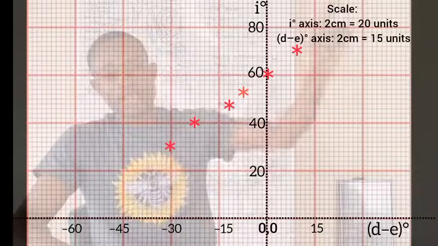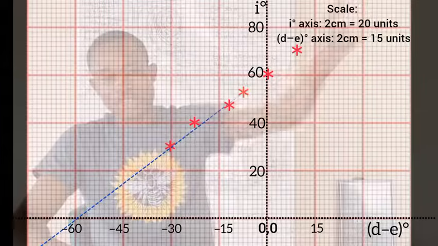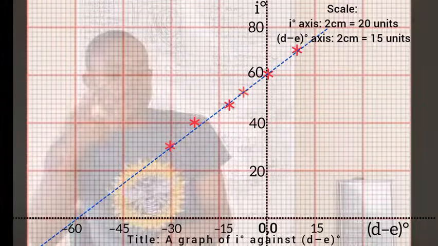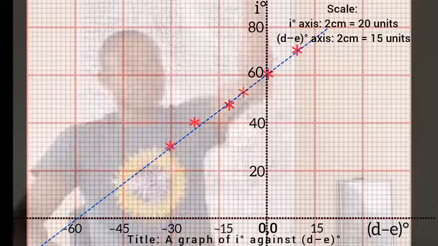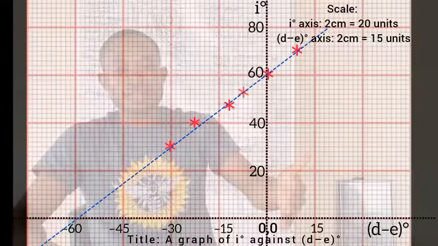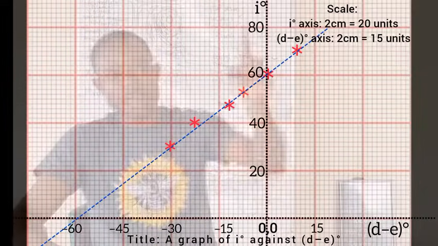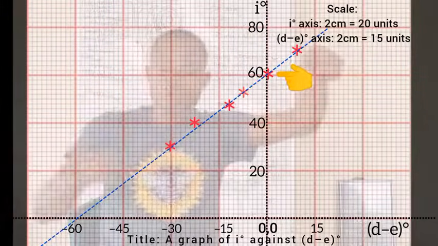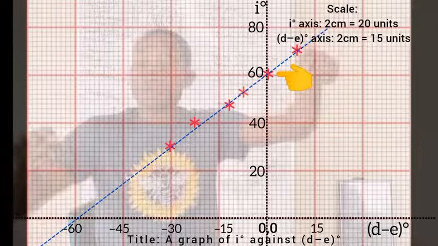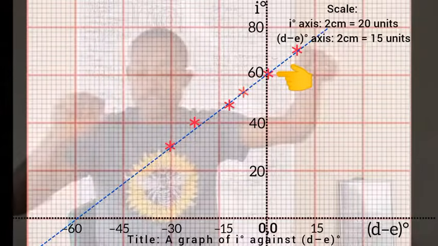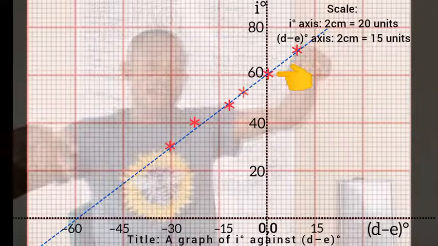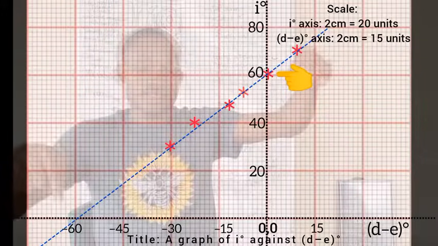And then the line of best fit has been drawn, you can see that. Good. The line of best fit passed through the incident axis, that's the vertical axis. You can see that at 60 degrees. Then you can see it on the horizontal axis, that same line of best fit cuts the D minus E axis on the negative part, still at 60 degrees.